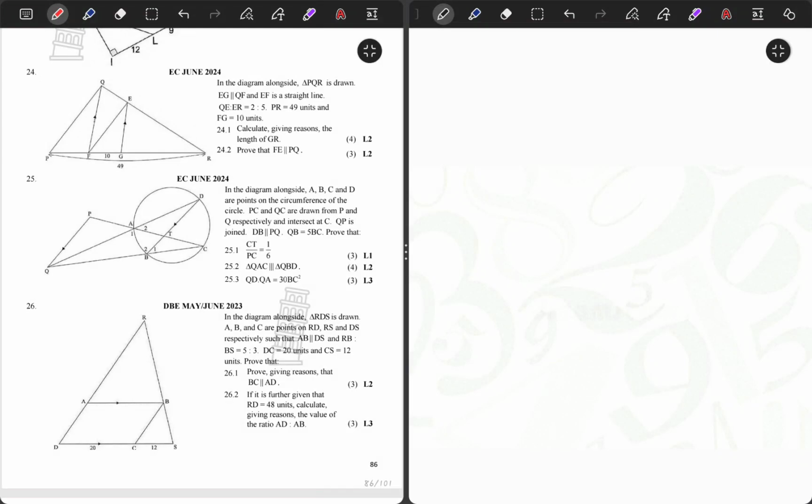We're given that in the diagram alongside, A, B, C, and D are points on the circumference, as we can see there.